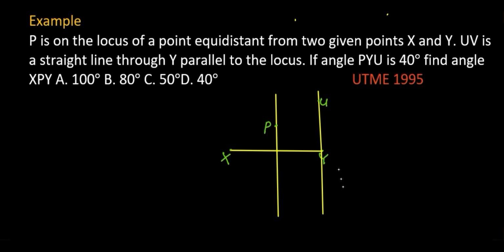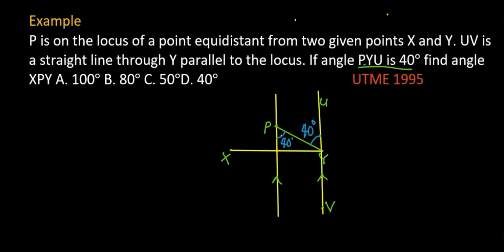So we have UV now, which passes through Y and is parallel to the locus, and we have been given PYU to be equal to 40 degrees. Since we have two vertical lines that are parallel, we should have the alternate angle, so this place is also equal to 40 degrees.